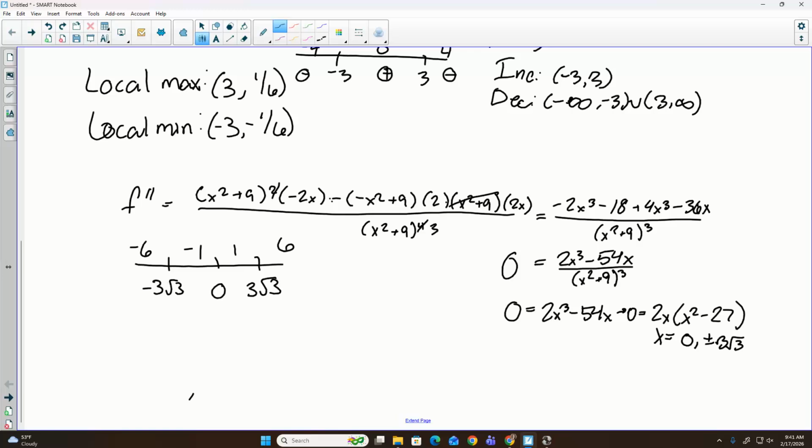And then if you plug all that back into your derivative, it's going to be negative, negative, positive, positive. I think it should be negative, positive, negative, positive.